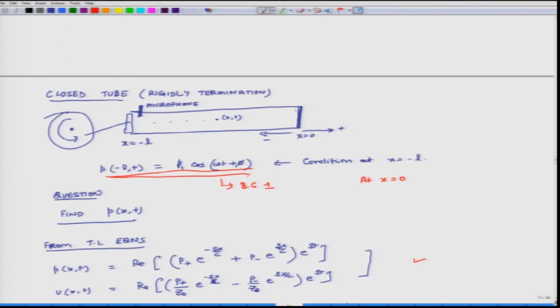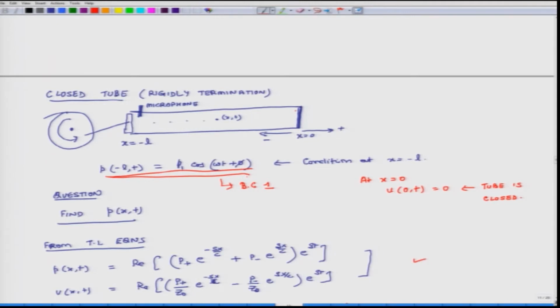So, what that means is that at x is equal to 0, particle velocity u at 0, t is also 0, because the tube is closed, and not only just closed, it is rigidly closed.